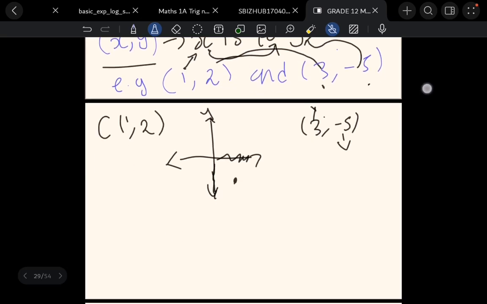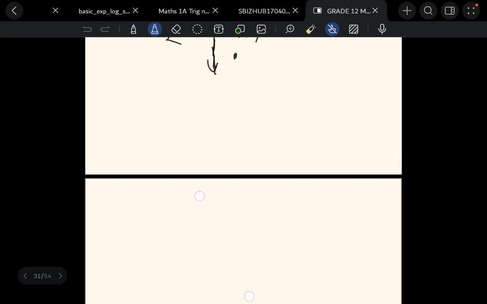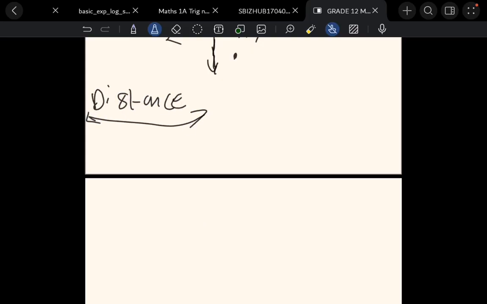Now, what do we use it for? Let's look at the distance. Now we have three types of distances. The first one is the horizontal.